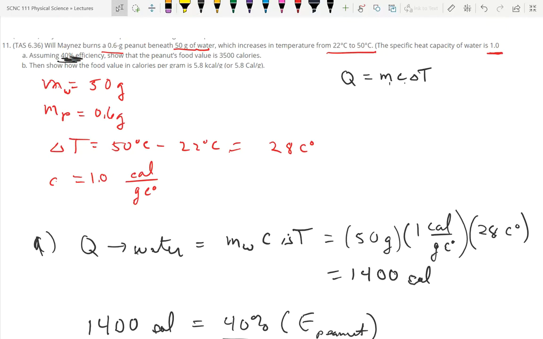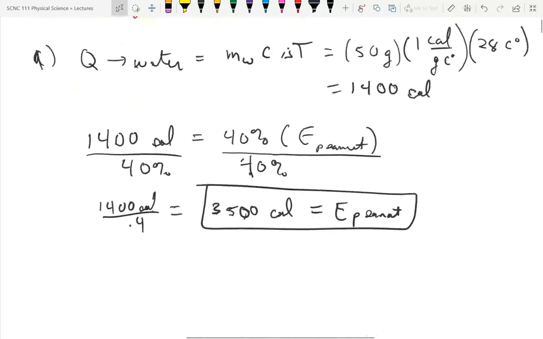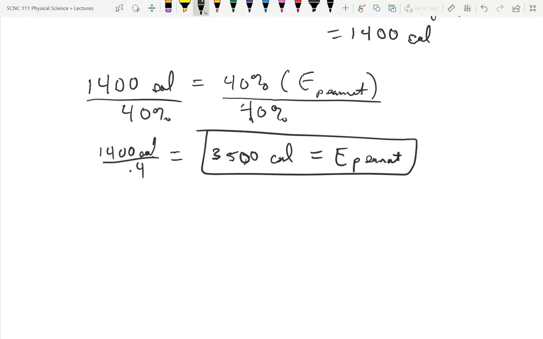And then for part C, show the food value in calories per gram. So the energy is equal to 3,500 calories. I want it per gram. What was the mass of my peanut? 0.6 grams.